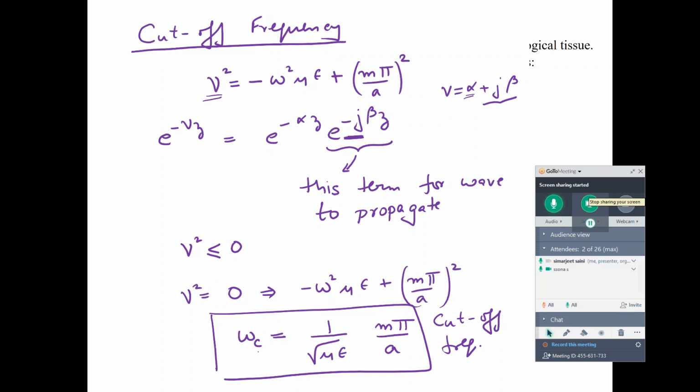So if I was going to write my gamma in terms of my cutoff frequency, my gamma is square root of (mπ/a) squared minus ω² με. Let me take the με term out.